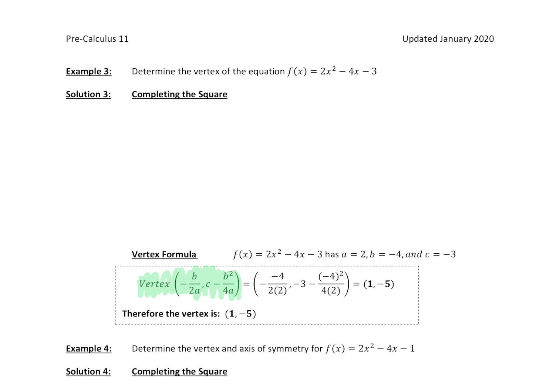So here we go, example 3. We're going to complete this square. First step, we disregard the c term. So y equals 2x squared minus 4x in brackets, and we leave the c term on the outside. Factor out your a term, which in this case is a 2.